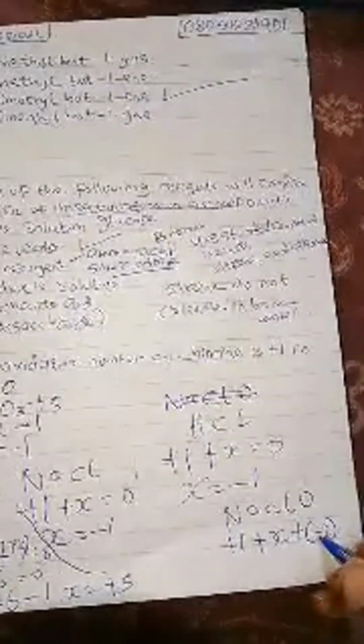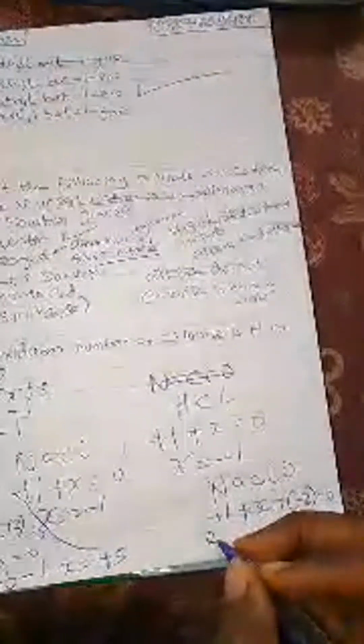So let's solve for the last one, which is NaClO. For Na, the oxidation number of Na is +1. I look for the oxidation number of chlorine, so let's represent it as x plus -2, because the oxidation number of oxygen is -2, equals 0. So let's make x the subject of the formula.